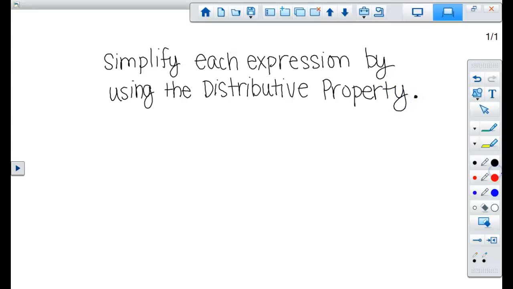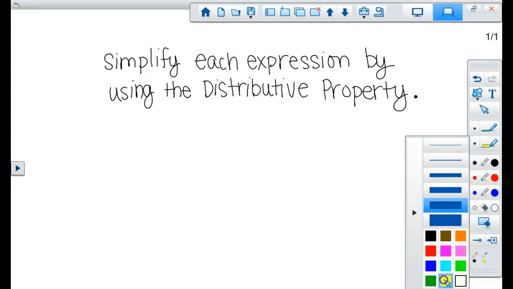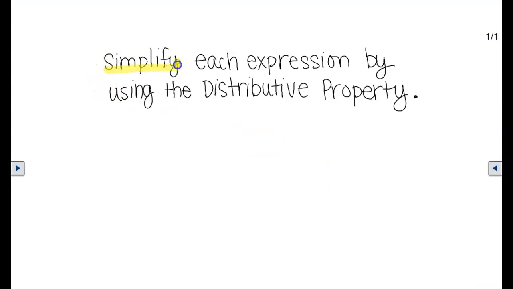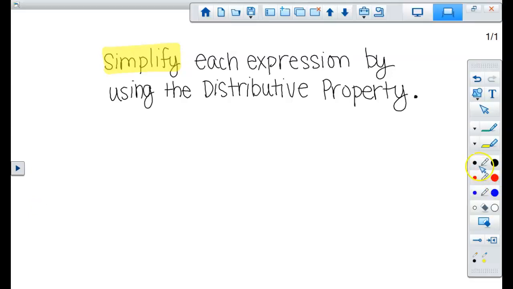Now, what I want to stress here is this word simplify. When we say we are going to simplify something, that means that we are not going to be able to work it all the way out and give a numerical answer. But what we are going to do is attempt to make it simpler than it currently is.